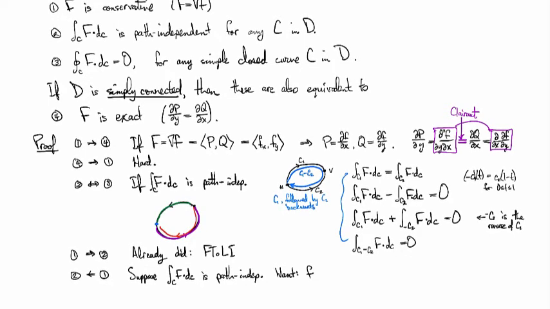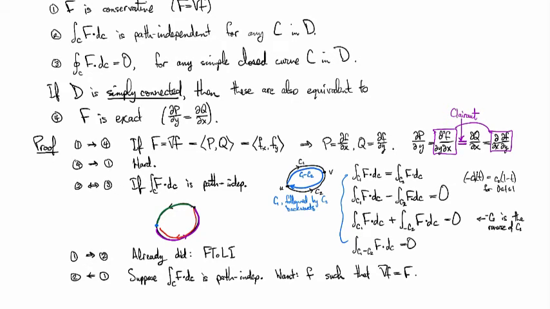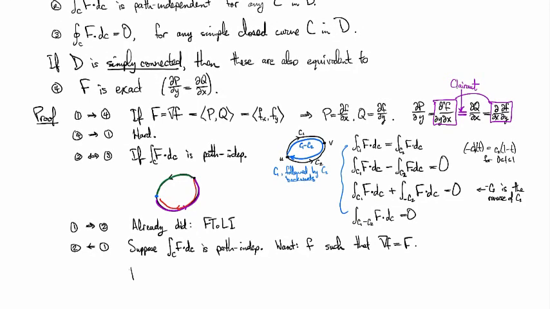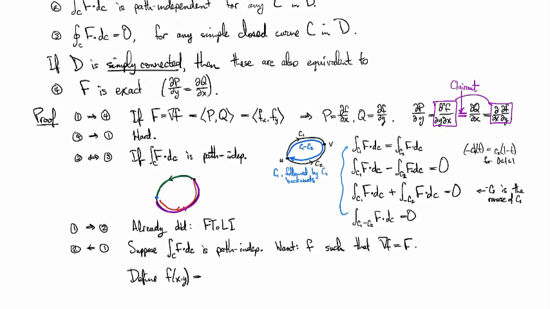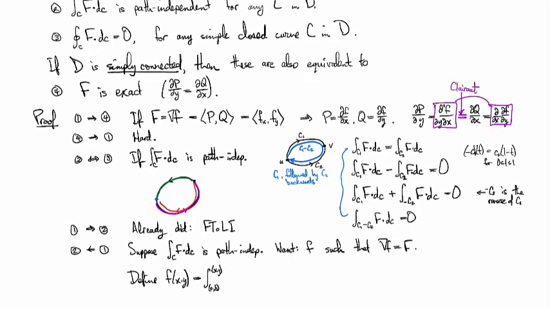And we want to show that there exists a little function f such that grad f is equal to our capital F, right? The way we'll do it is like this. First, we're going to define a function of two variables to be equal to the integral from (a, b) to (x, y) of F dot dc.